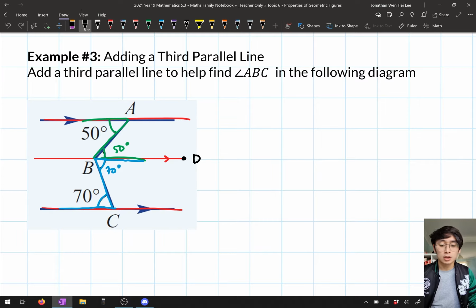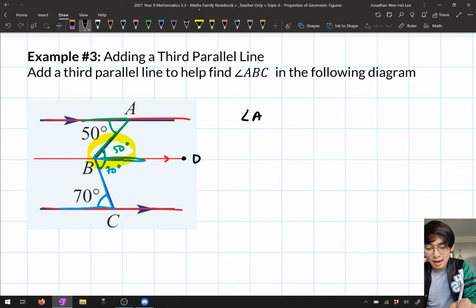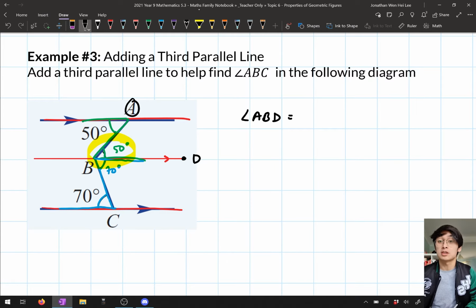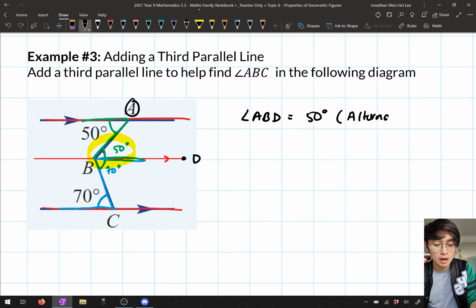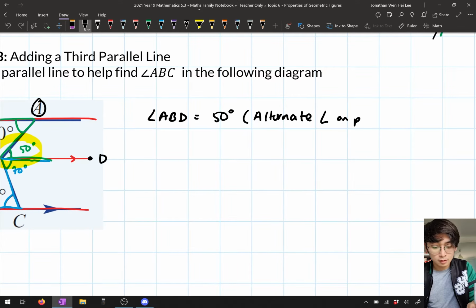The first thing I'm going to do, now that I've drawn on that parallel line, is say the first one is my 50 degree angle over here. I'm going to call that angle ABD. If you remember your angle notation, I've got this letter A at the top, B, which is where the angle is at, and I've also introduced that letter D. Angle ABD is going to be 50 degrees because of alternate angles on parallel lines.